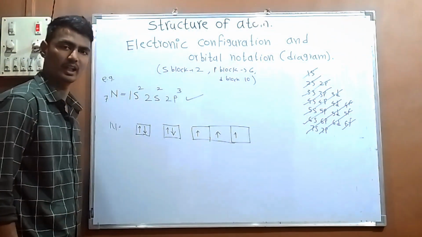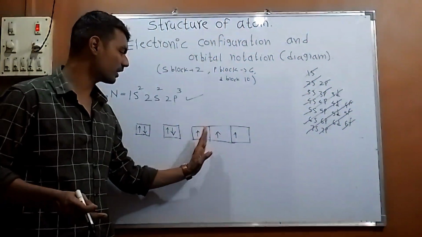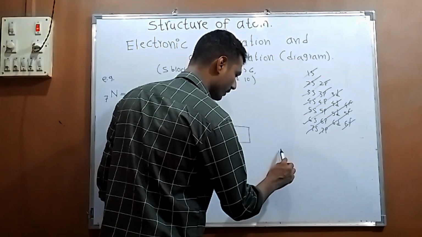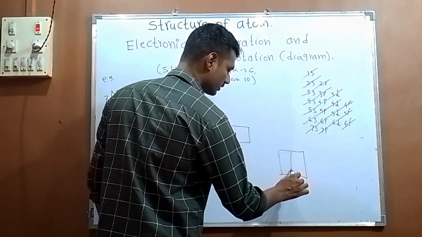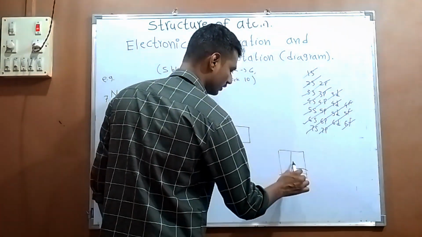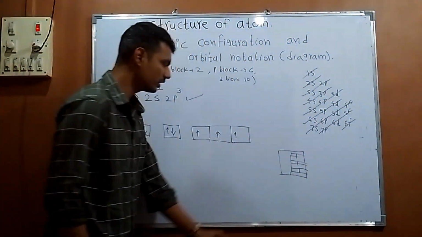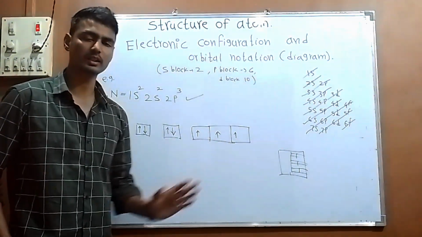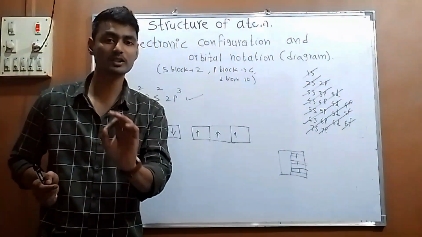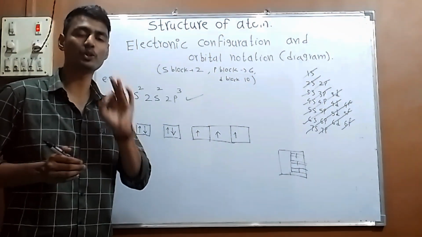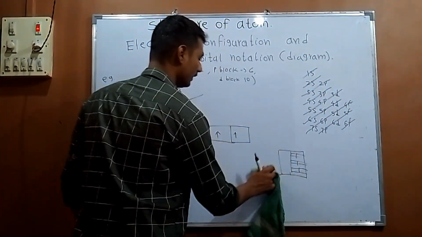It means, imagine you are sitting in a bus. Suppose this is our bus and there are 3 seats, 1, 2 and 3, and 2 passengers can sit in each seat. Which seats will be occupied first? Of course the window seats. This is the window seat rule: 3 electrons should be here and then the pairing will be done.